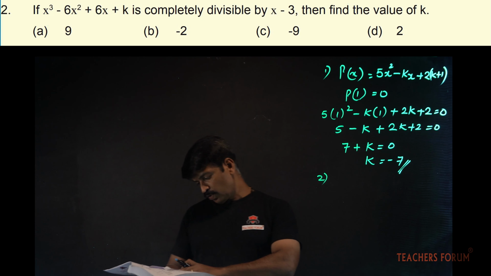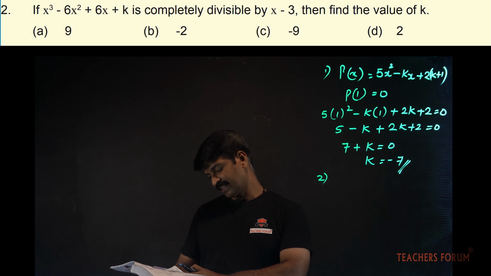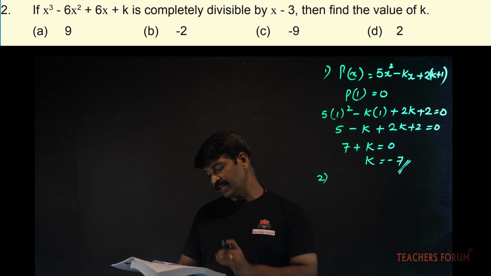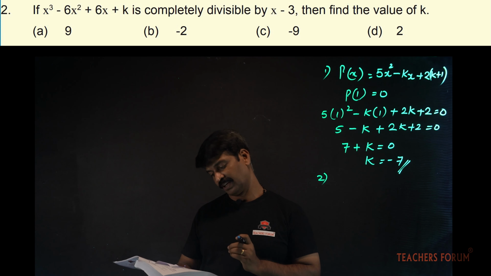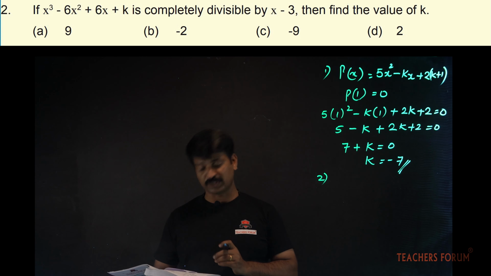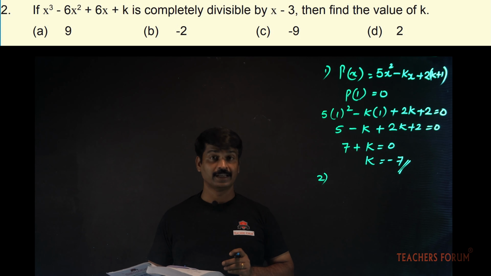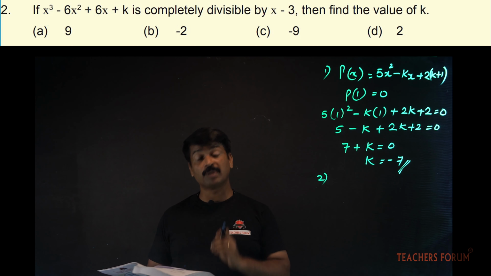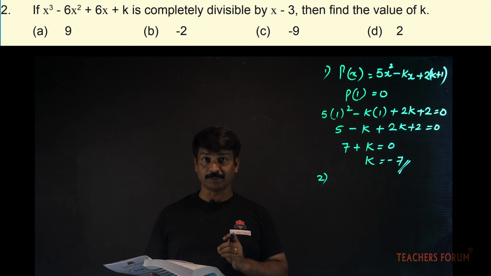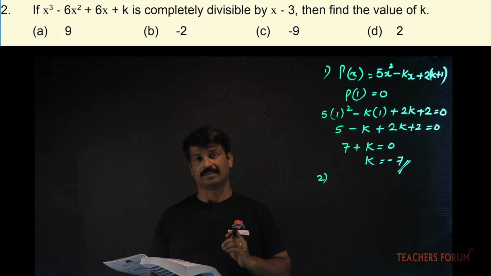If x cube minus 6x square plus 6x plus k is completely divisible by x minus 3, find the value of k. You see, you are given a cubic polynomial here. It is completely divisible by x minus 3. That means x minus 3 is a factor.